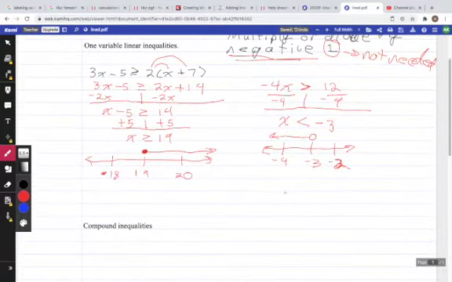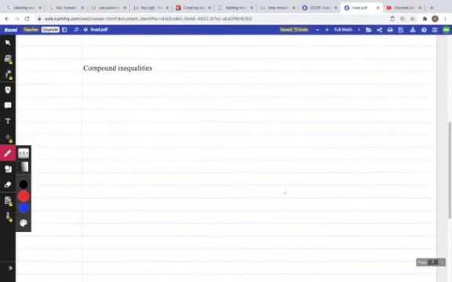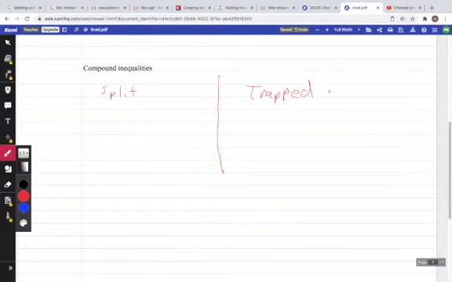Okay. Compound inequalities work similarly. The difference in compound inequalities is that they come in two varieties. They are either, if we're looking at the picture of them, a split or a trapped inequality.